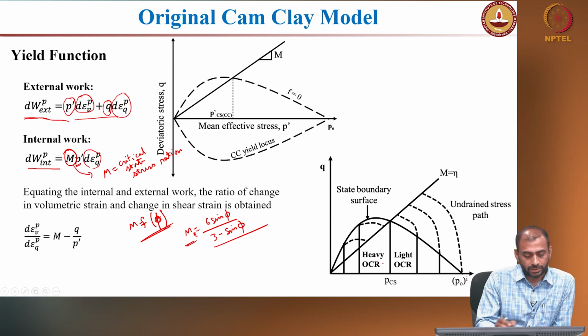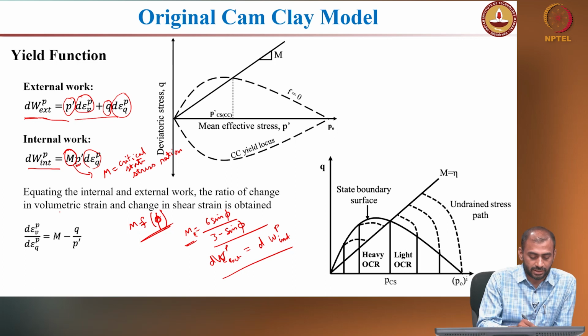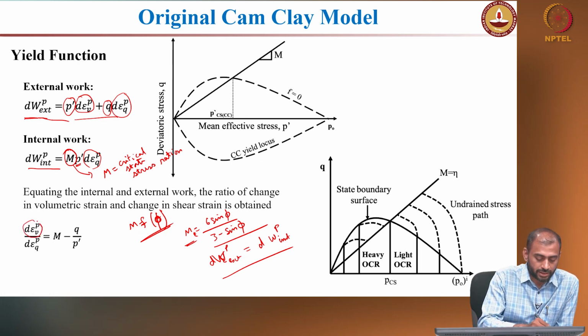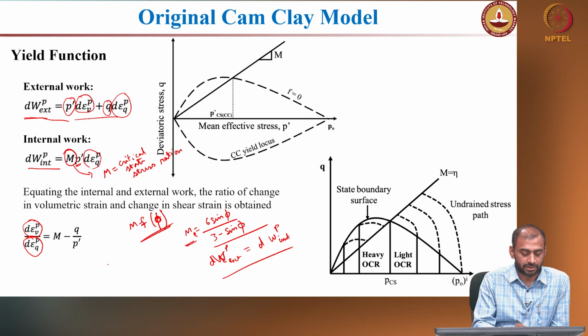When you equate these, dW external is equal to dW internal, and then you simplify this equation, you will finally come up with a ratio of plastic volumetric strain and plastic shear strain. As we discussed in the previous lecture, the ratio of plastic volumetric strain increment to plastic shear strain increment is nothing but dilatancy.